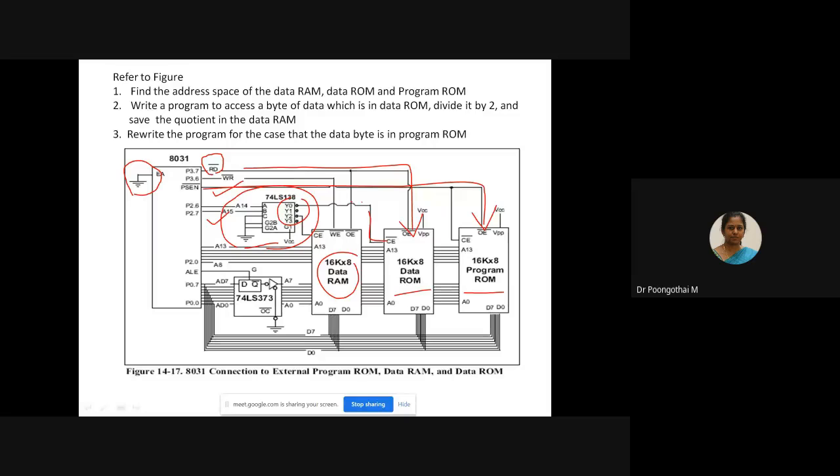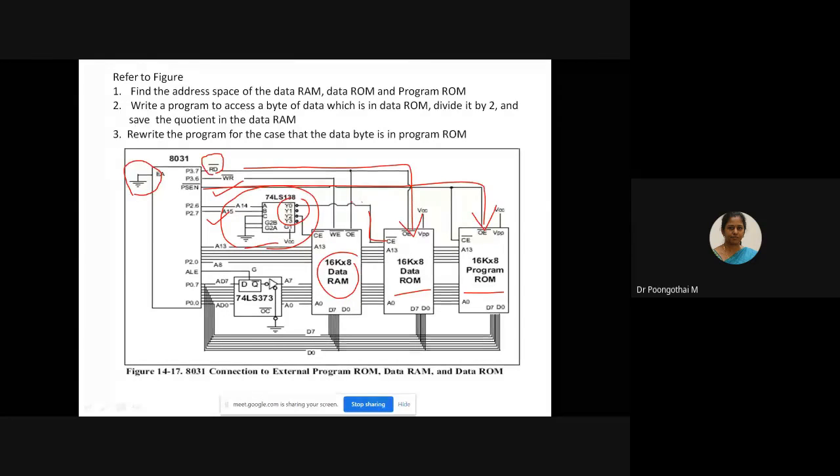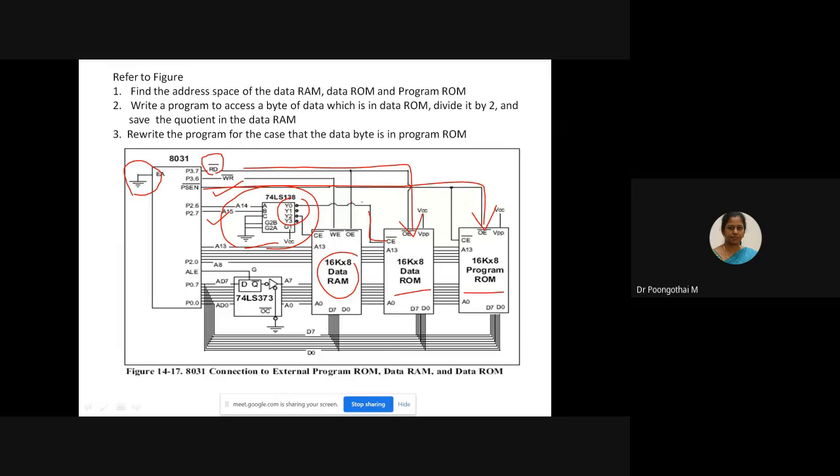In order to generate your output signal, suppose AB is 00, then Y0 is generated. 01, Y1 is generated. 10, Y2 is generated. 11, Y3 is generated.